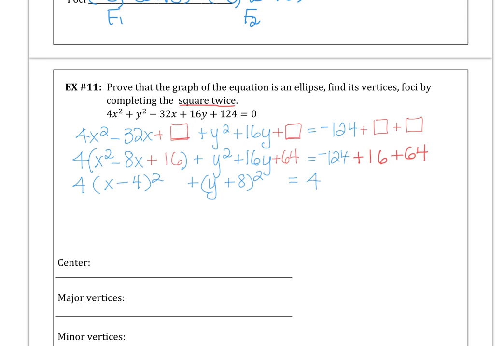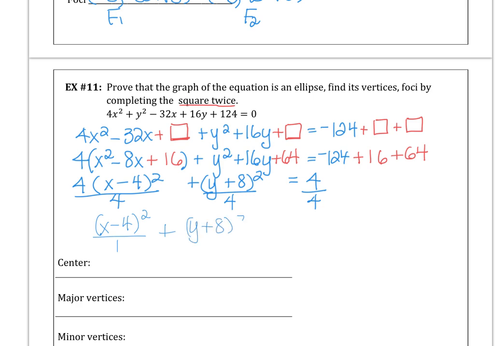Okay, so divide by 4 so that we have x minus 4 quantity squared over 1 plus y plus 8 quantity squared over 4 equals 1. This is our standard form. That's telling us everything we need to know.